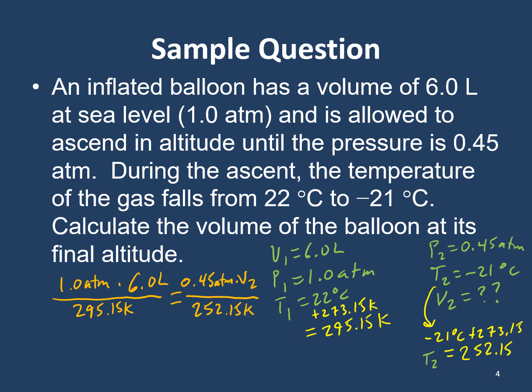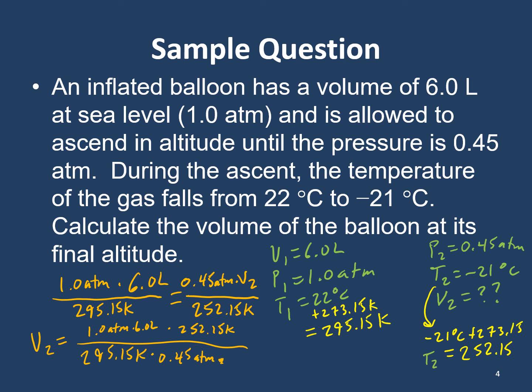And so we just need to isolate V2 here. So V2 is equal to 1.0 atm times 6 liters times 252.15 Kelvin, all over 295.15 Kelvin times 0.45 atmospheres, and that's it actually.